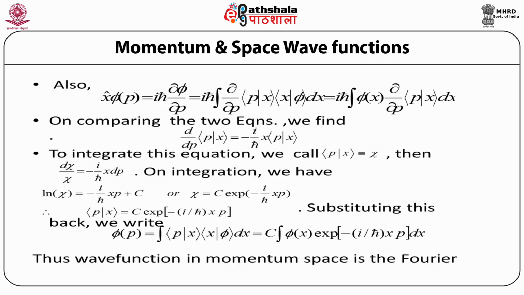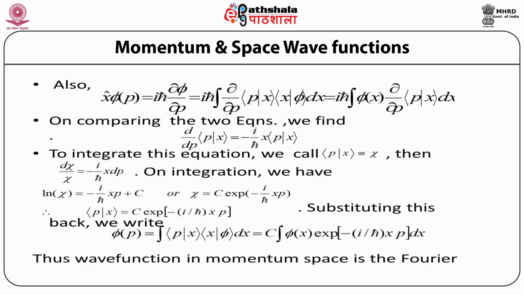On integration, we have log of xi equal to minus i by h cross x p plus c, where c is the constant of integration, or xi is equal to c times exponential to the power minus i by h cross x p. Therefore, bra vector p, ket vector x is equal to c exponential minus i by h cross x p.